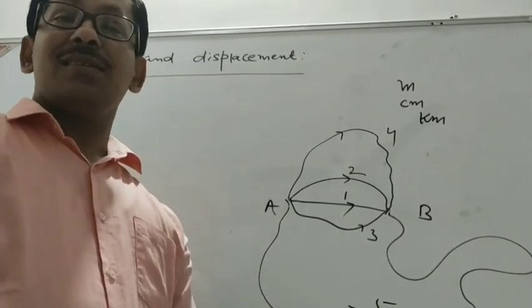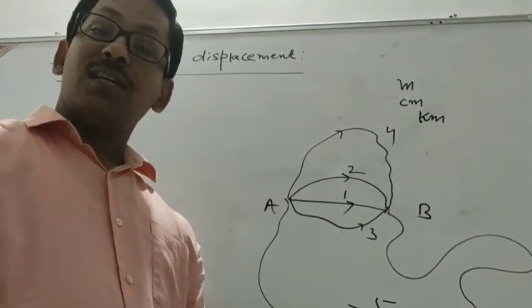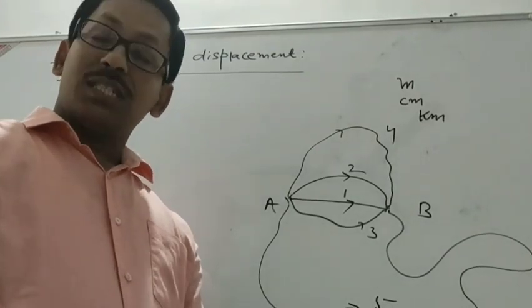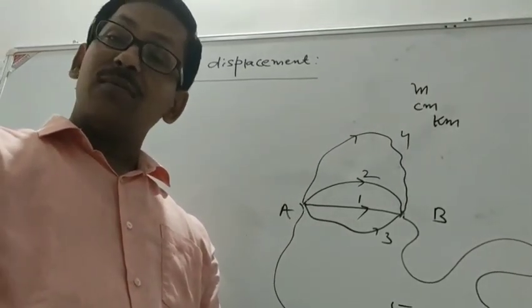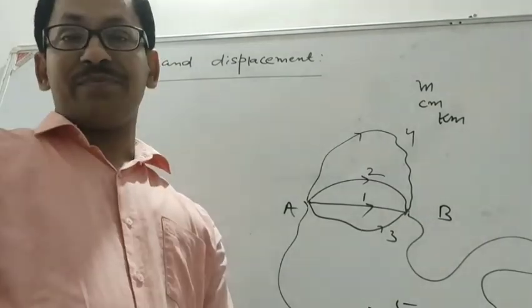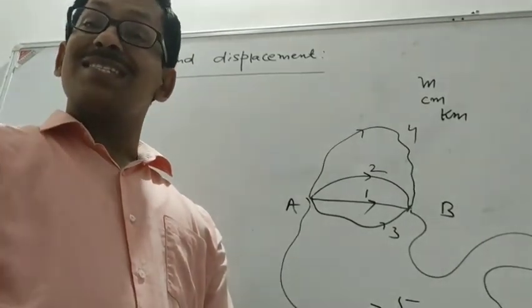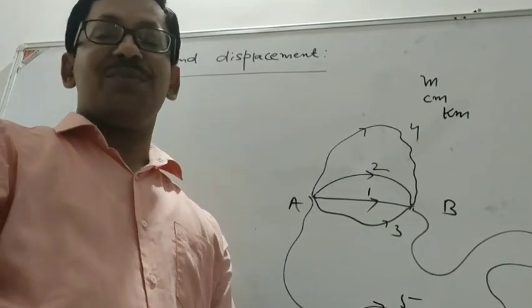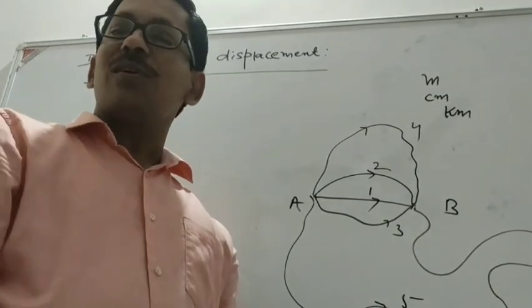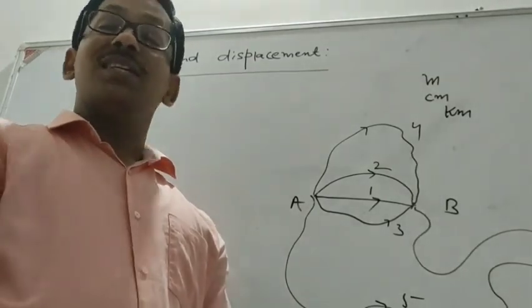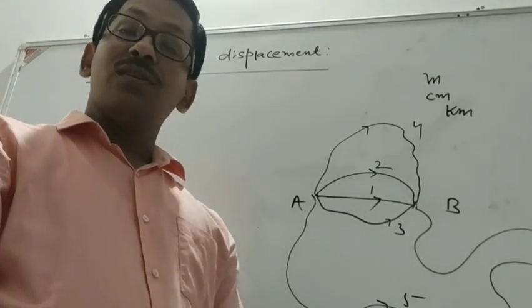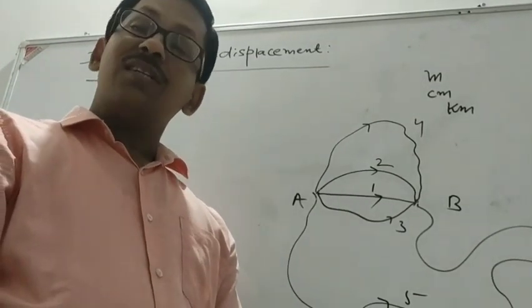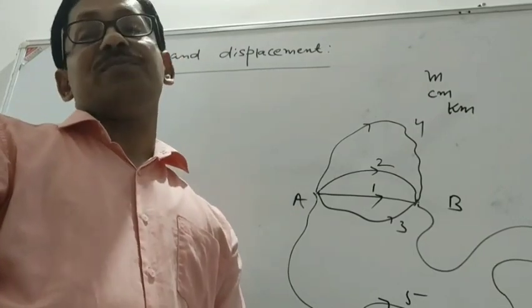Next point is, the displacement of a body may be positive, it may be negative, it may be zero also. But remember, distance covered by a moving body is always positive. Distance covered cannot be zero, but displacement may be zero, positive, or negative.